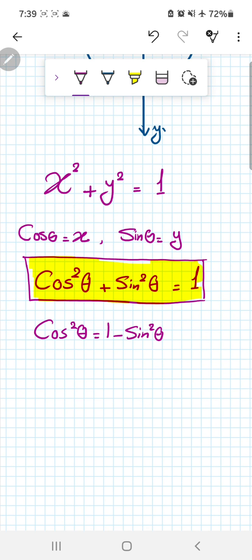If we want to get sine power 2, it will be 1 minus cosine power 2 theta. So here is the base, the first trigonometric identity.